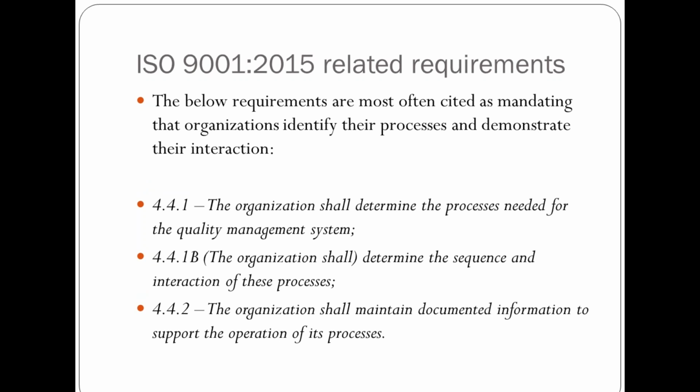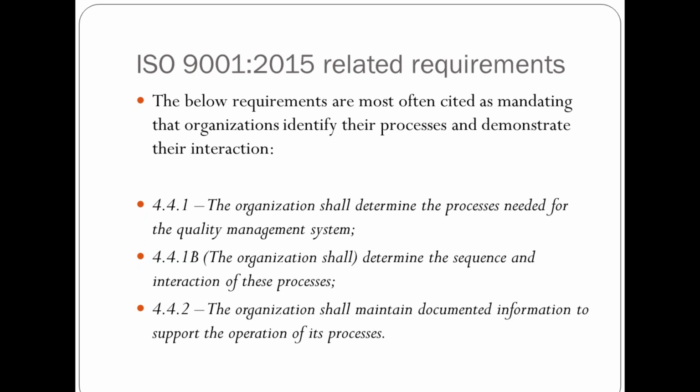Now in ISO 9001-2015, at least in the first two places, the requirements are almost exactly the same. All of these come from section 4.4. In 4.4.1a, it states that the organization shall determine the processes needed for the quality management system. In 4.4.1b, it states that the organization shall determine the sequence and interaction of these processes.